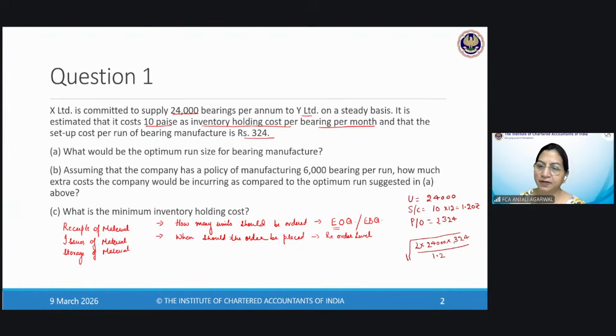So it is 3,600 units. So at a time, we should manufacture 3,600 units.